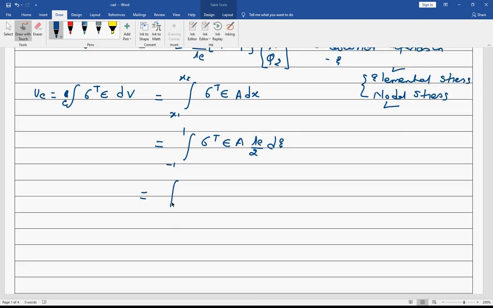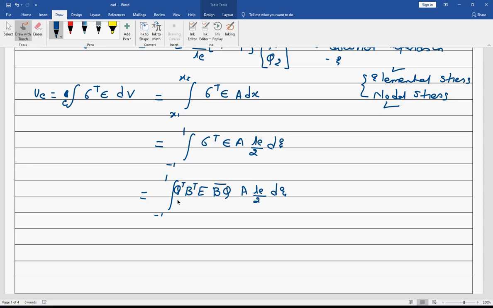Again I write integration from -1 to 1, sigma transpose is EBQ, so I get Q transpose B transpose E, and epsilon is B into Q, then A Le by 2 d xi.